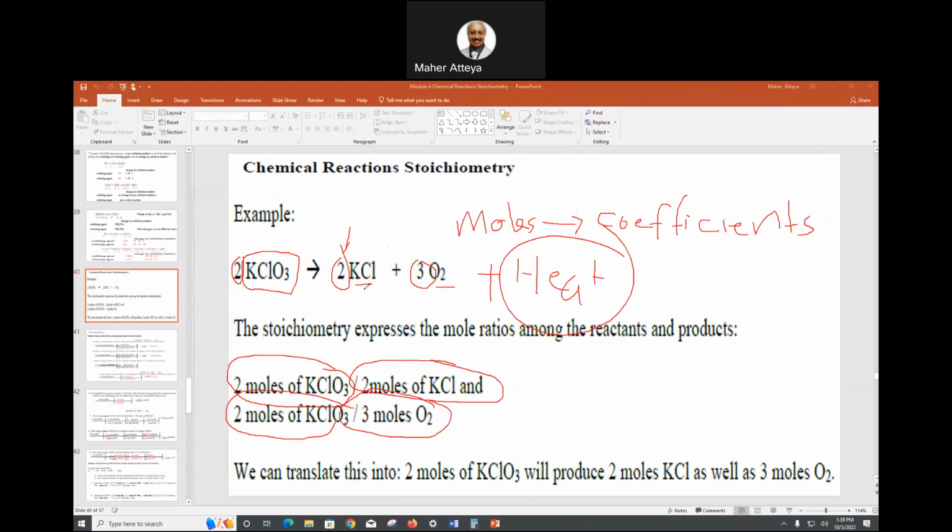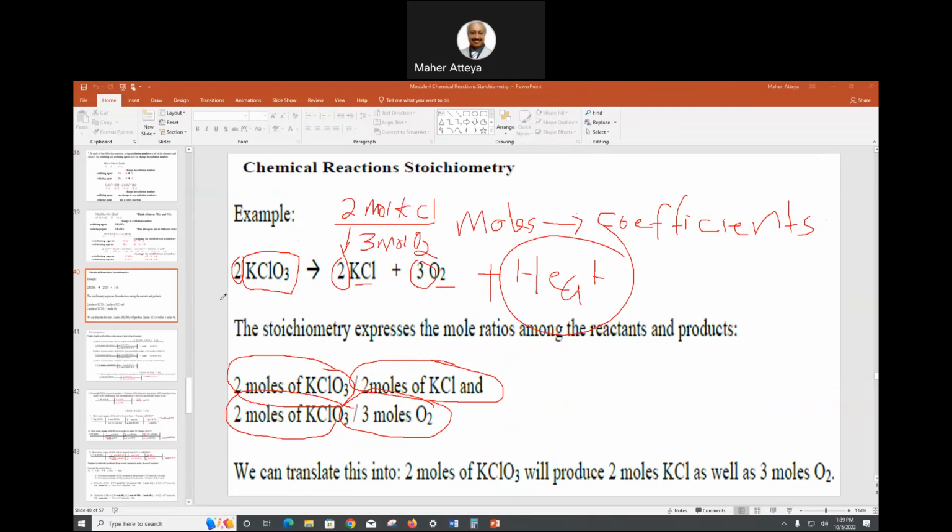How about potassium chloride to oxygen? Well, you have 2 moles of potassium chloride, correct, guys? Just bear with me. So, to 3 moles of what? Of oxygen, correct? So this is the relationship between the moles in the reactants and the product sides of the chemical equation.